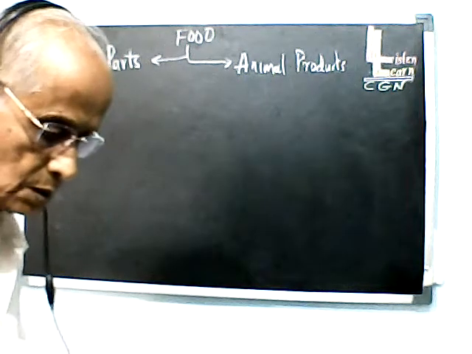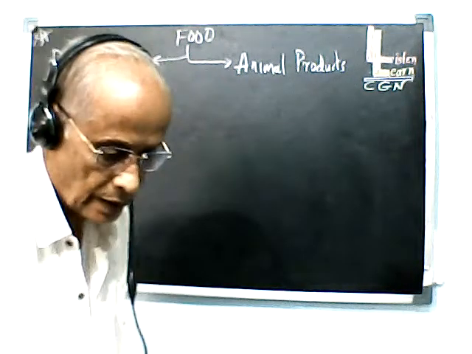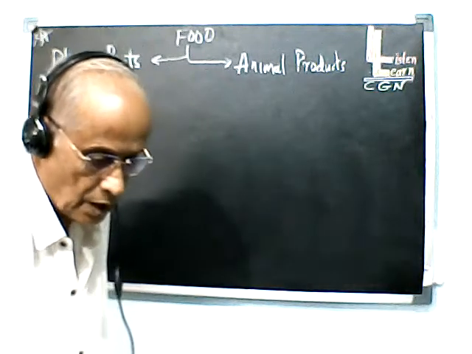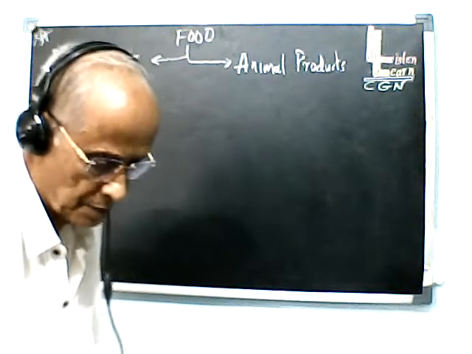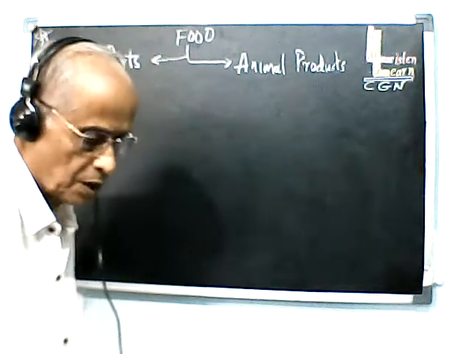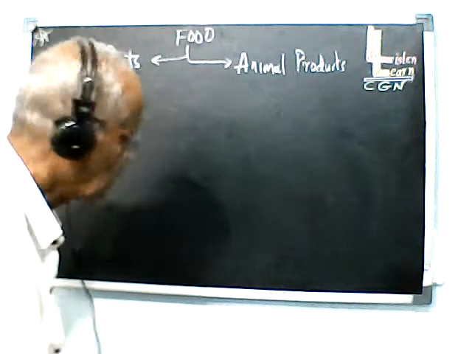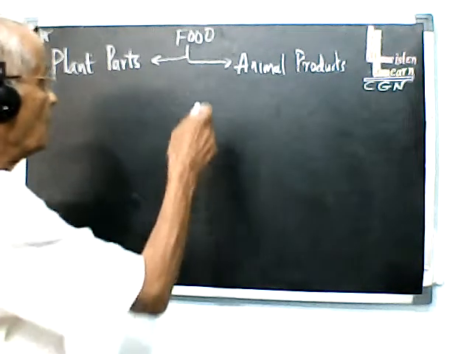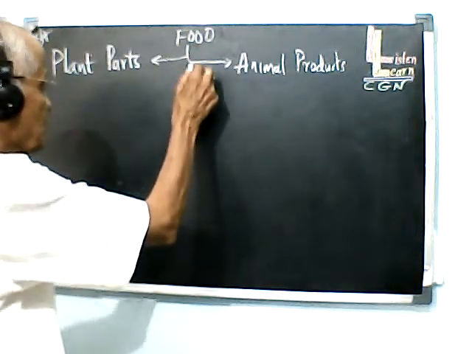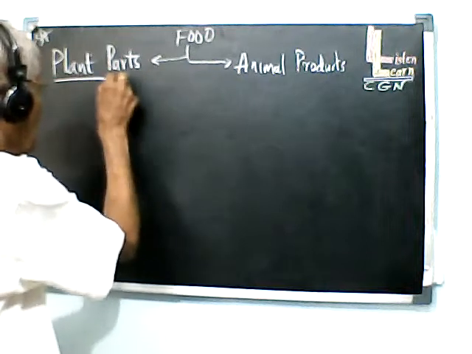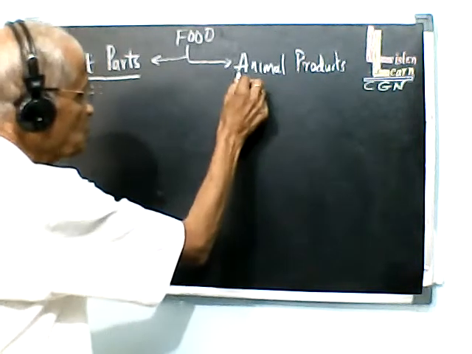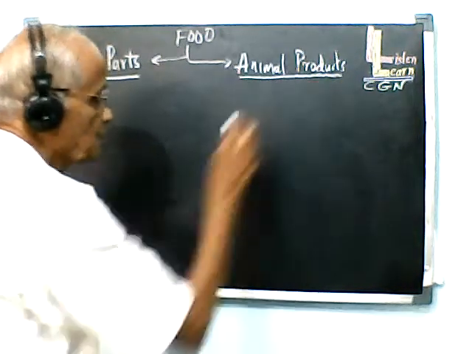Dear children, in the last session we talked about food items. We also talked about how food items come from plant parts and also from animal products.